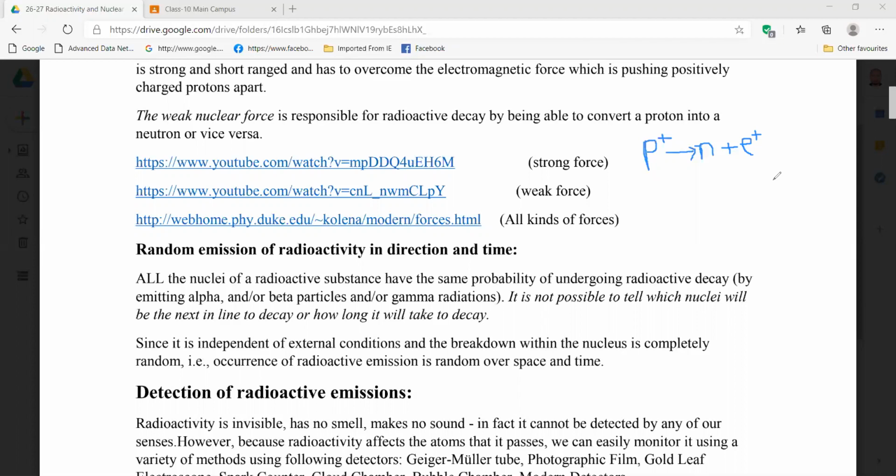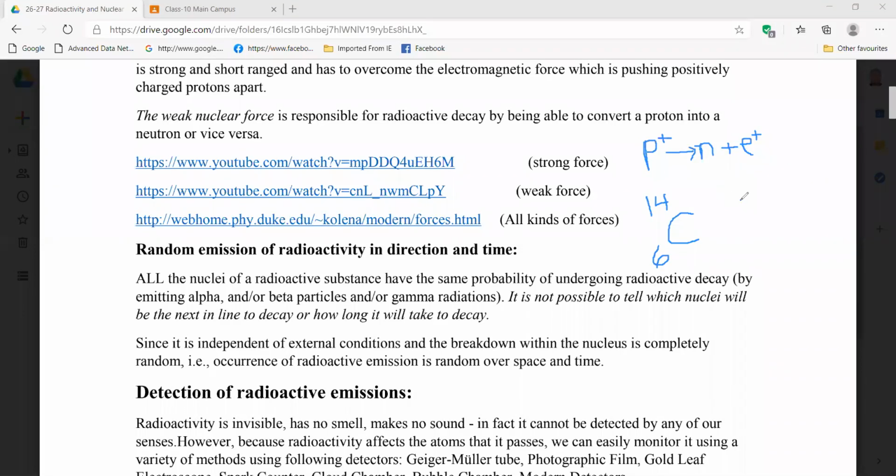So when this happens, yesterday we told that from a neutron to a proton and electron we get when the number of neutrons is more, like C-6, 14, right? In this nucleus, how many neutrons are there? 8 neutrons.